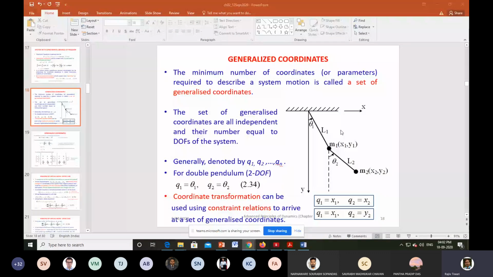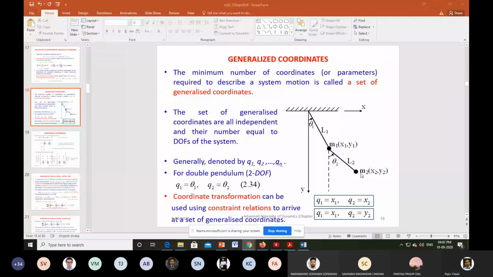In the last class, we also discussed the degree of freedom of a dynamic system. Degree of freedom is nothing but the minimum number of coordinates required to define completely the motion of the system. Consider this two-pendulum system in which two masses are there, m1 and m2.